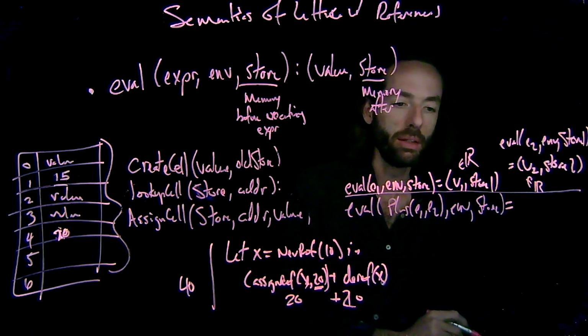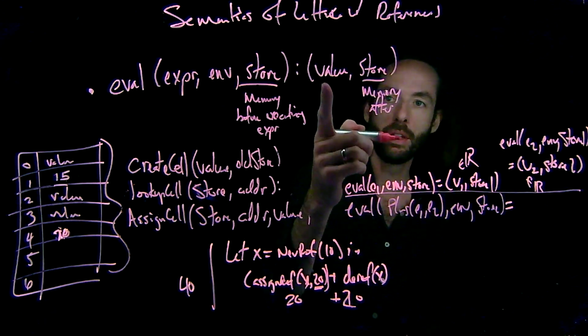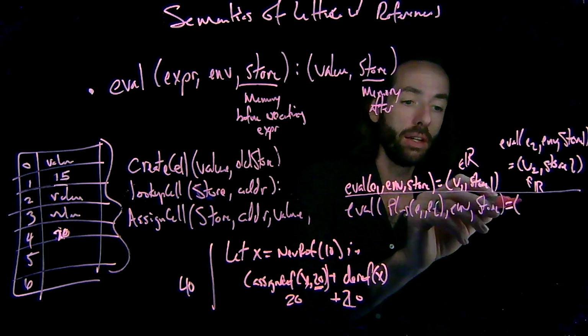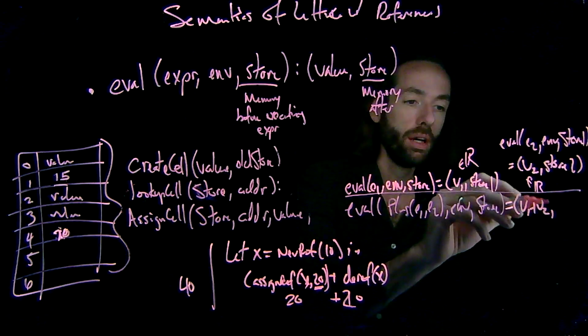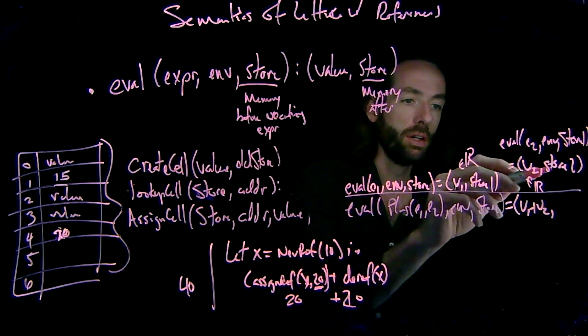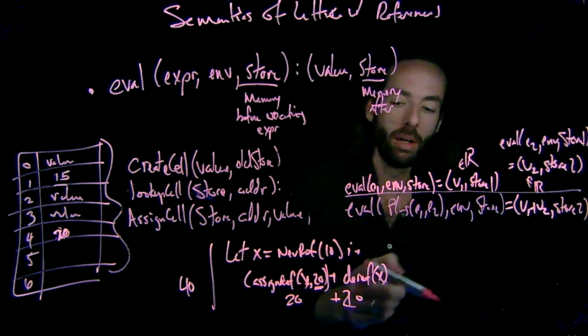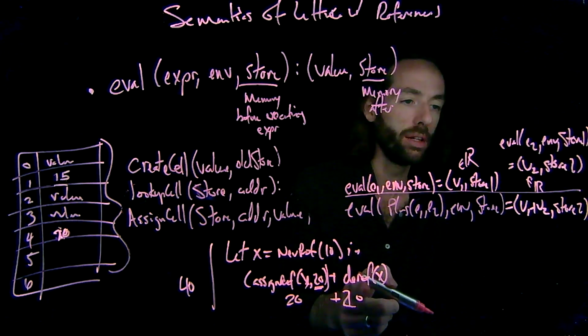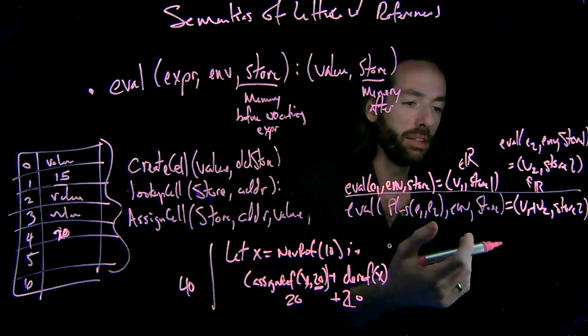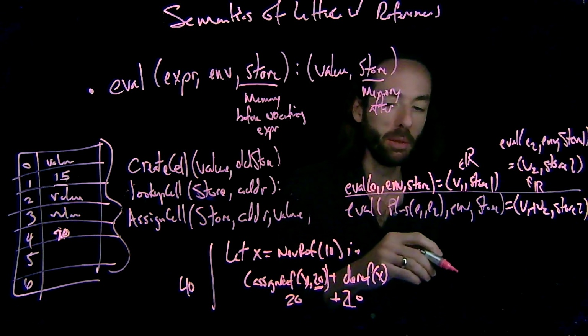And then what should this be? Well, it needs to return a value and a store, so the value is going to be v1 plus v2, and the store should be whatever the store ends up being at the end of evaluating my second parameter. It should be the final store after doing all of the in-between bits.